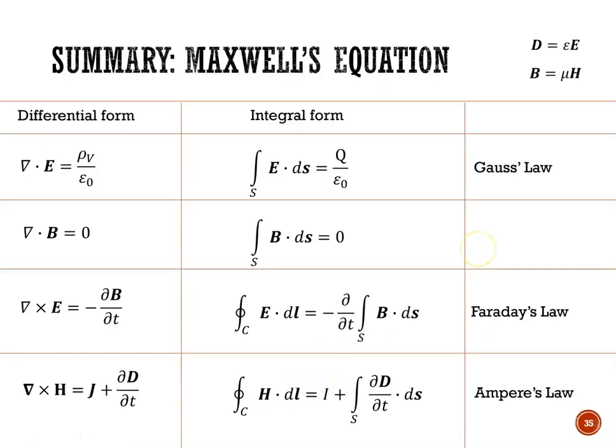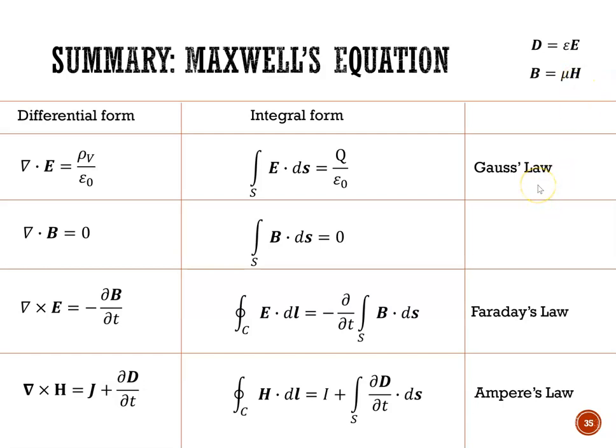To summarize the Maxwell equations, we have the table here. D is equal to the permittivity times the electric field, and B, the magnetic flux density, is equal to the permeability times the magnetic field.